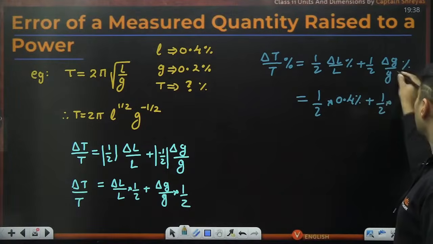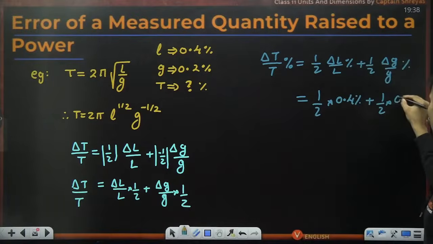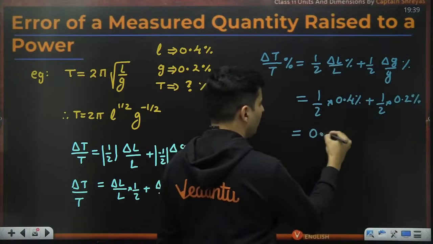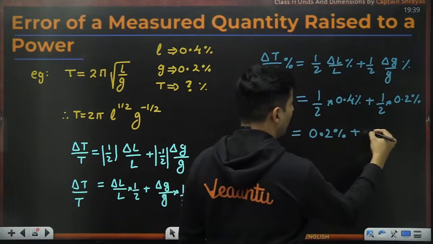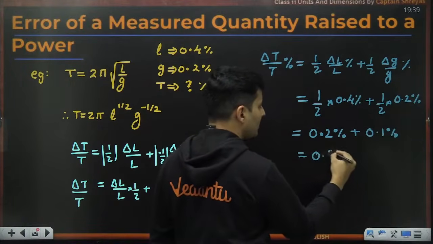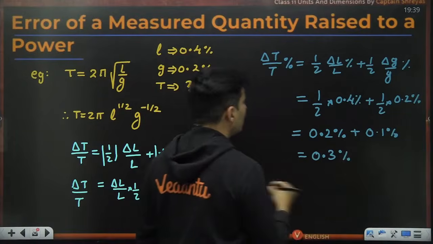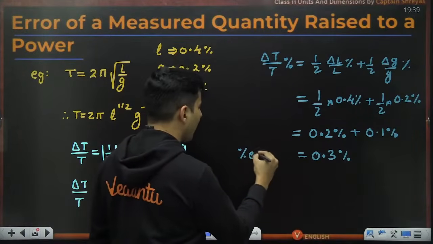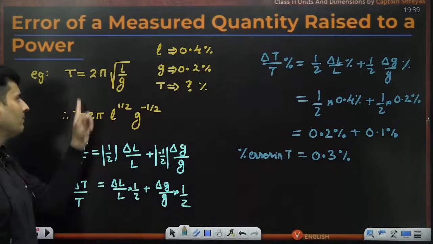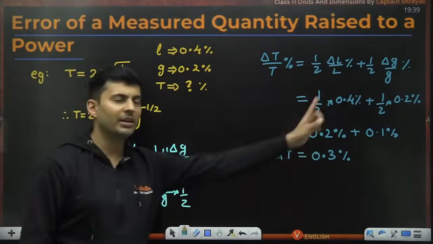Percentage error in gravity is 0.2%. Okay. 0.4 by 2 is 0.2%. 0.2 by 2 is 0.1%. 0.2 plus 0.1 is 0.3%. So the percentage error in the time is 0.3%.